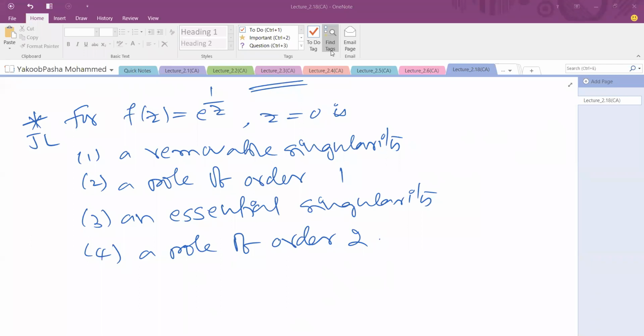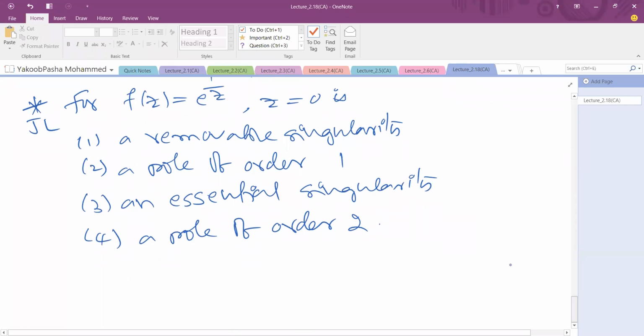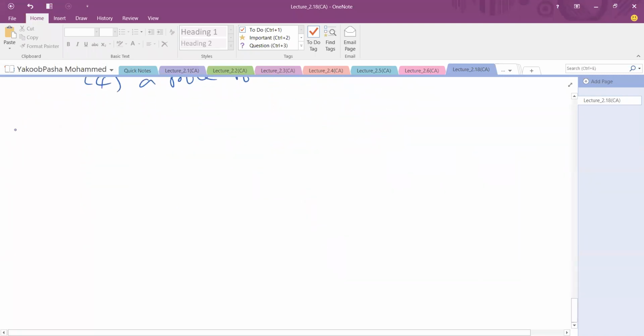Now, we just have to see what z equal to 0 is. First of all, we have to expand the function. That is, f of z is equal to e to the power of 1 by z.